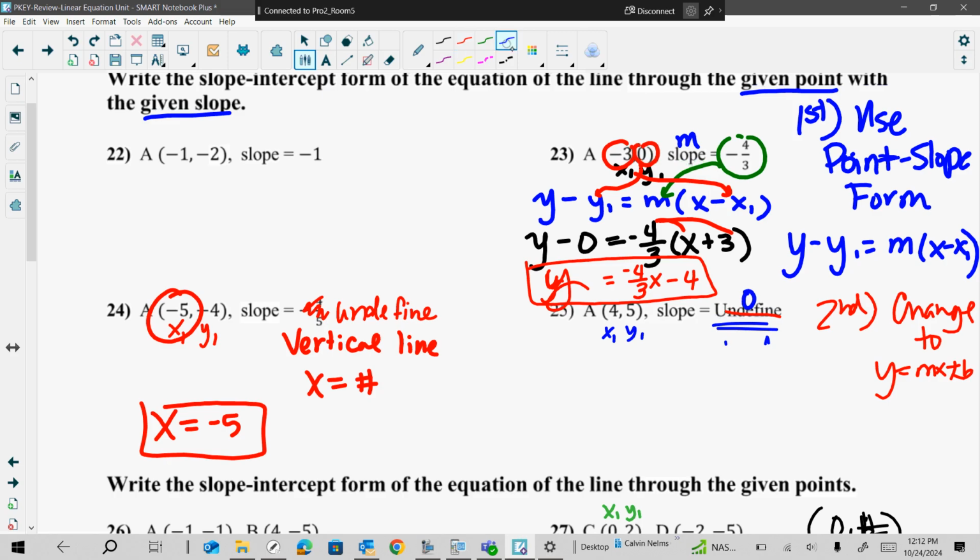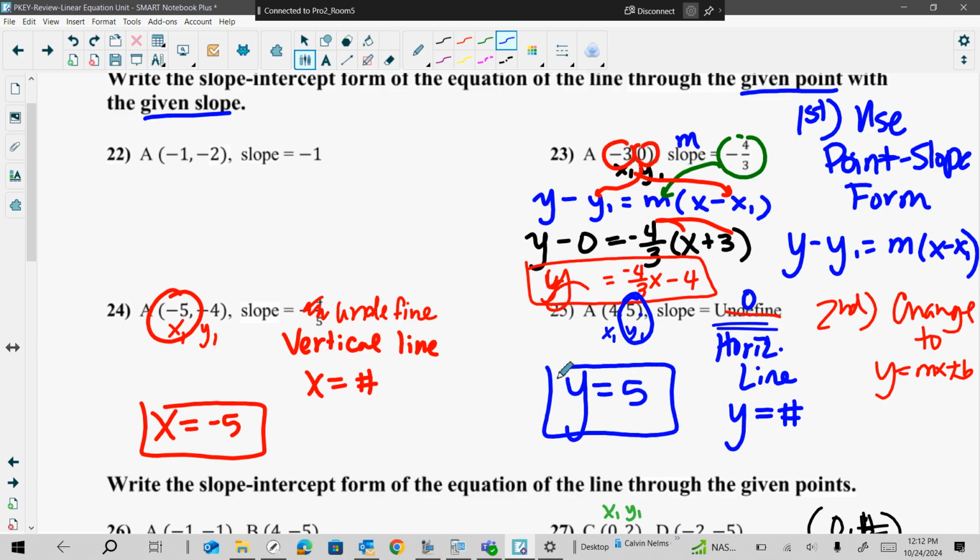If the slope is 0, then it's a horizontal line. And if it's a horizontal line, it's y equals the y coordinate. The y coordinate here is 5, so this would be y equals 5. So those are just the special cases. There's no steps, like there's no point-slope and all that stuff. You just memorize it's y equals a number, x equals a number.